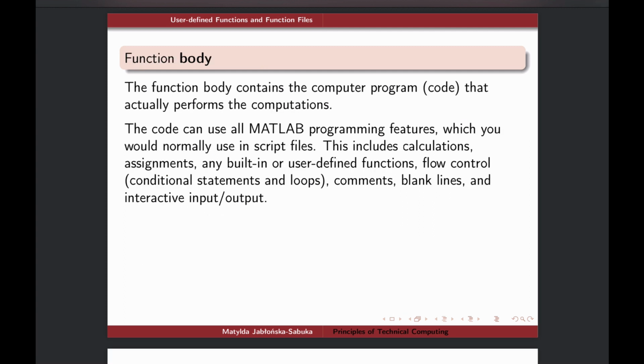And what comes after the function definition line is the body. The body would normally look like any other script file with just one major difference, that in the body we normally don't define values of variables. Whatever values are needed to perform our function task would be given as input arguments.